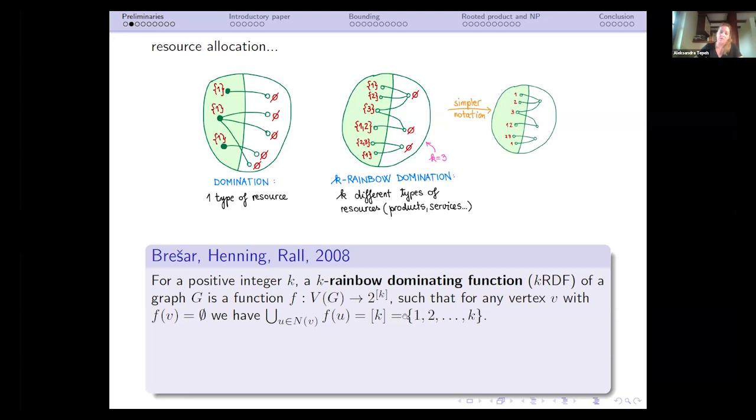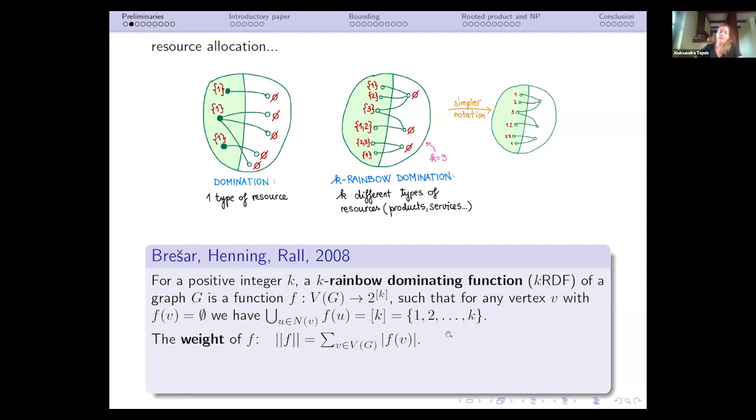You see here, they are numbered with numbers from 1 to k, in such a way that for a vertex to which the empty set is assigned, the union of labels in the neighborhood is the whole set. This is what we saw here in this sketch.